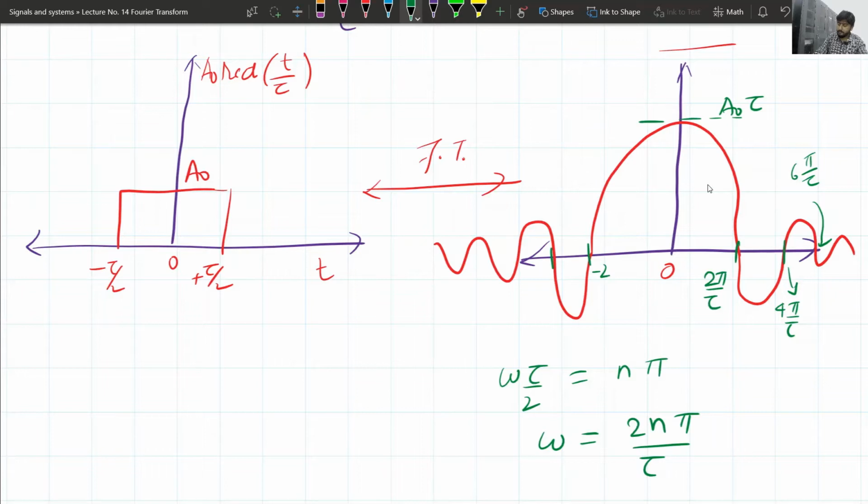Similarly, we have minus 2 pi by tau, minus 4 pi by tau, minus 6 pi by tau, and so on. And at omega equal to 0, it has got a weight A naught into tau. This is our X(omega), this is x(t).